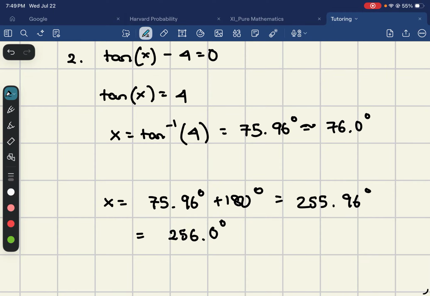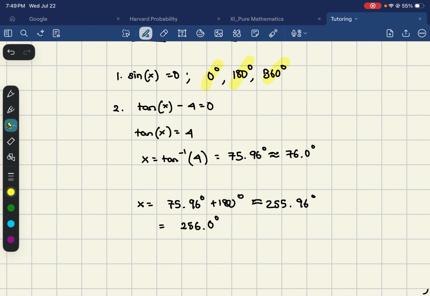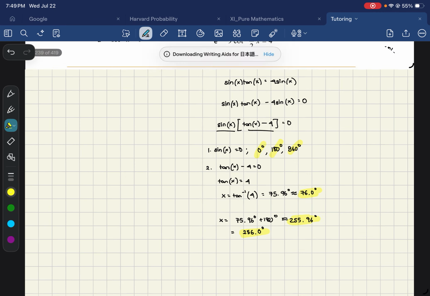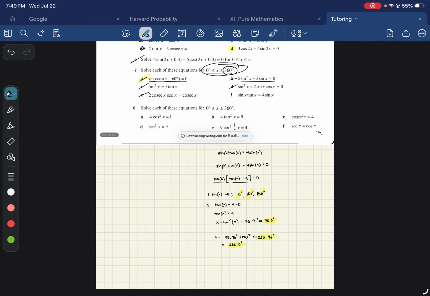All right, so I'm just rounding off to 1 decimal place. So 0, 180, 360, 76.0, and 256.0. These are going to be your solutions. All right, so we are done with part F.